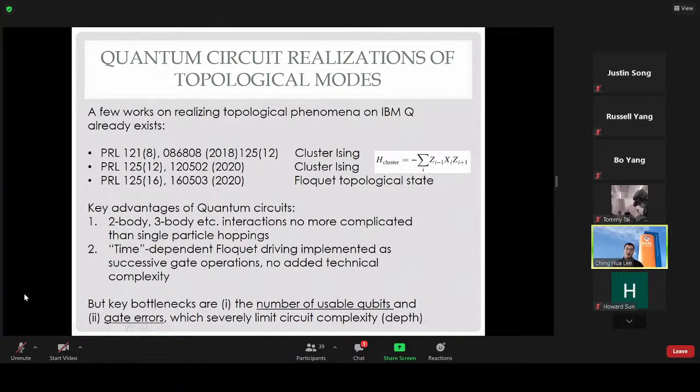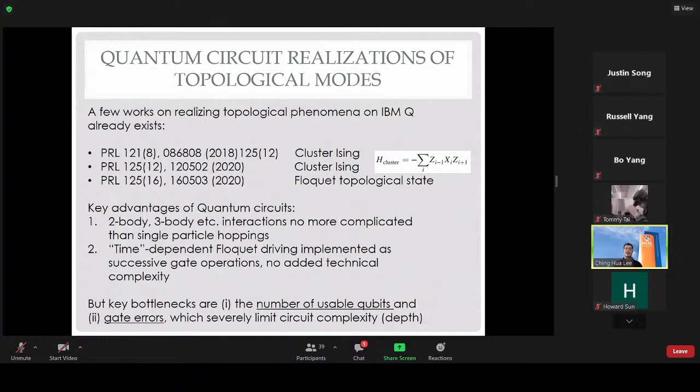If you look at the recent papers, or rather the few existing papers before our paper on topological phenomena on quantum computers, these are the few papers. People like to use a cluster Ising model because it is a very simple interacting model with three interacting spins.